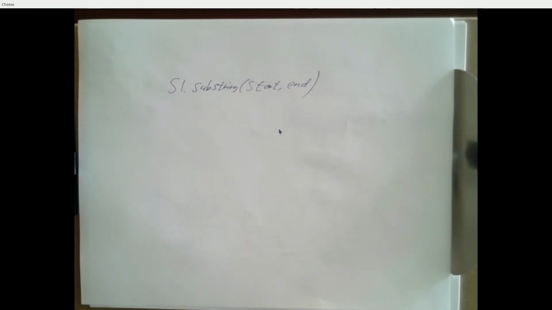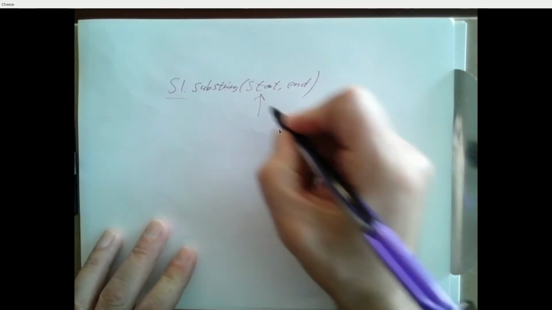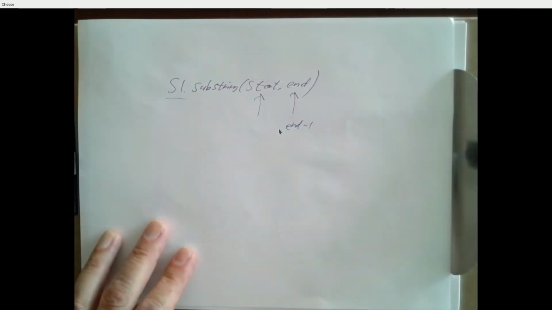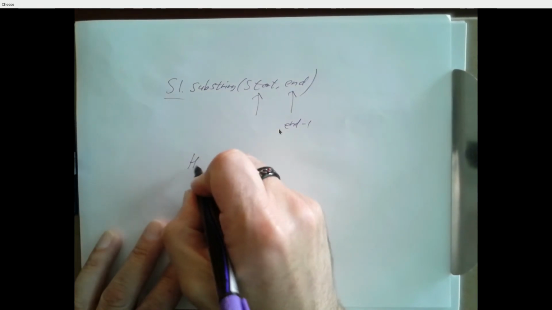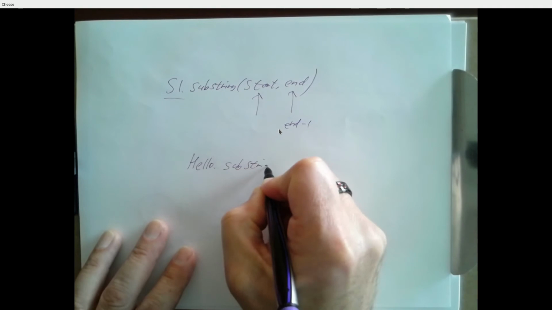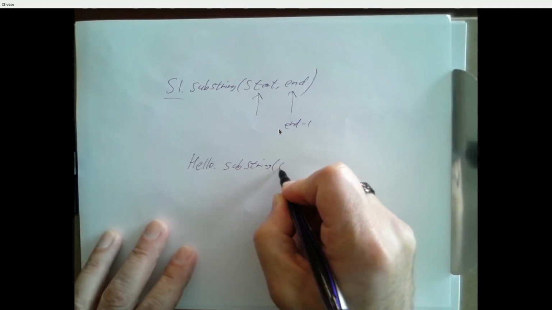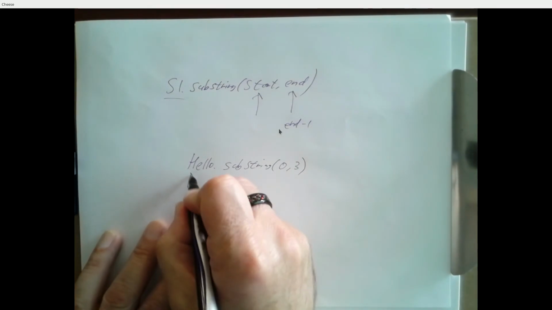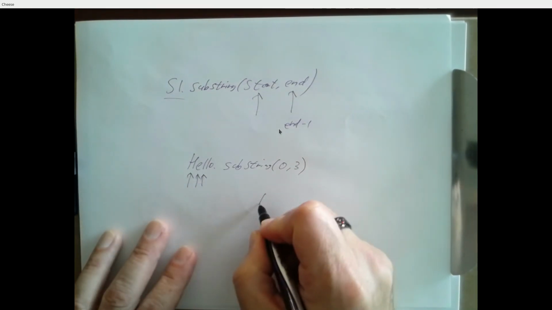And it will give you a piece of your original string S1, starting with character start and ending with character end -1. The -1 makes things handy. So if you have a string like hello, and you say hello.substring(0, 3), this will return characters 0, 1, and 2.